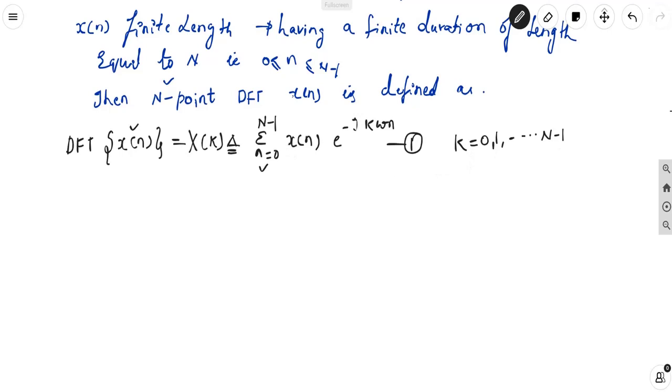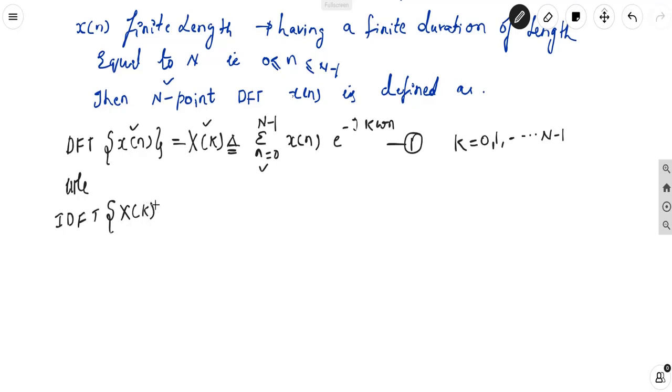Similarly, I can write the equation for IDFT. Whose IDFT will we take? IDFT means we are converting back from frequency domain to time domain, so we take x of k.